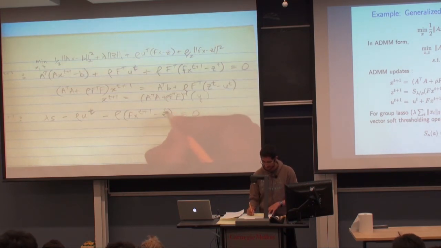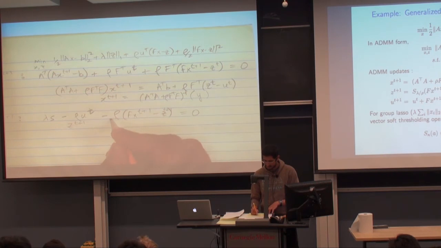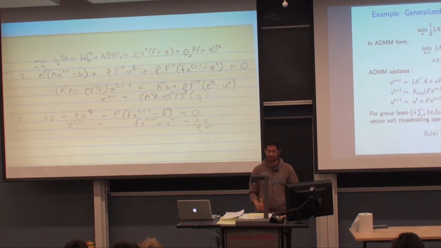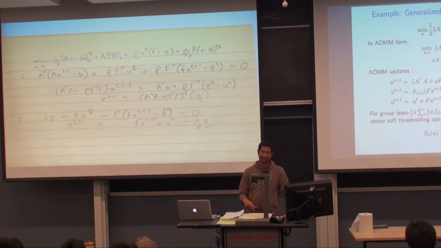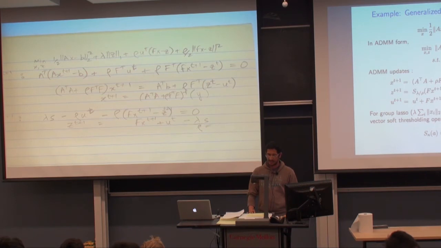That's z_{t+1}. So if you look at the update for z_{t+1}, it just looks like F x_{t+1} plus u_t minus lambda by rho times s, where this is a subgradient of the one norm. This is essentially the soft thresholding of F x_{t+1} plus u_t, right? This is the usual soft thresholding if you have the one norm that you're minimizing. So we get the update for z_{t+1} pretty easily.